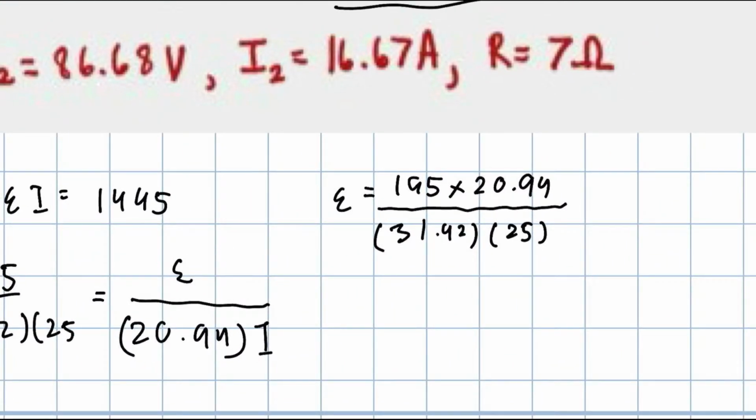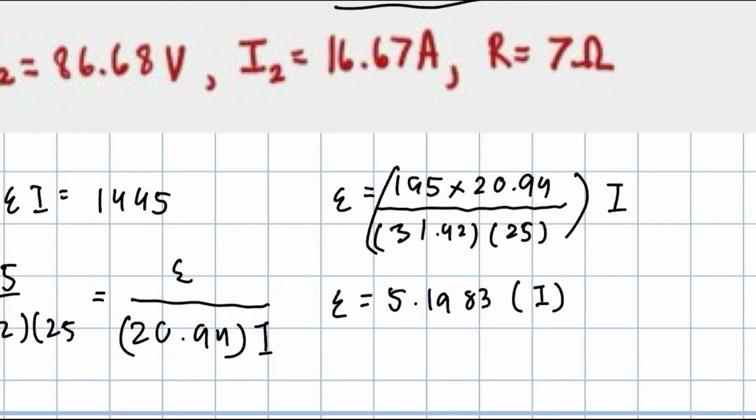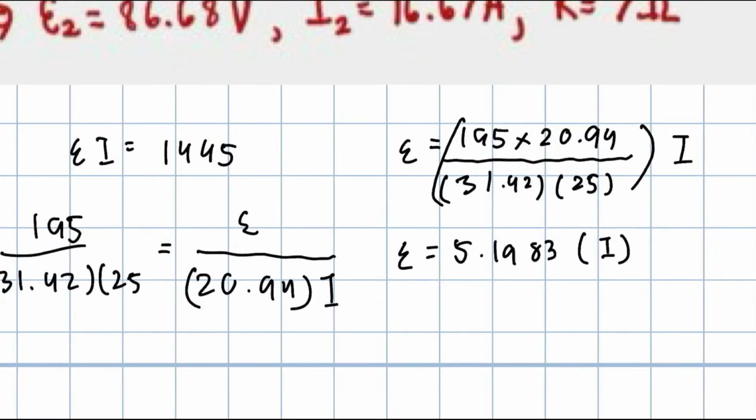E naik sekali dengan I. So kat sini korang akan dapat 195 times 20.94 over 31.42 times 25, which is 5.1983 I. Okay, so E works here.